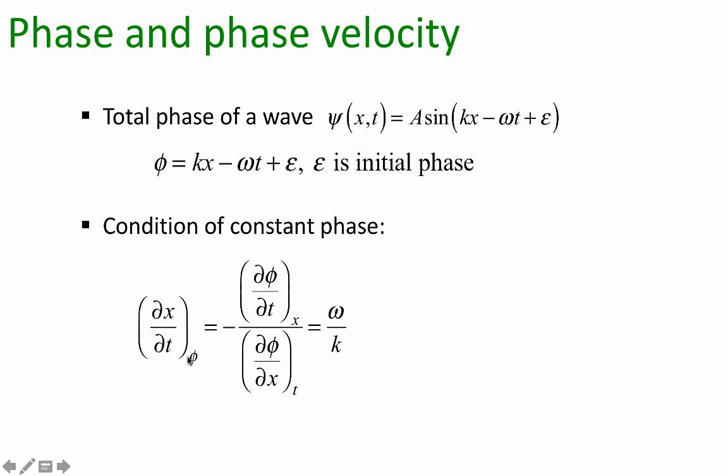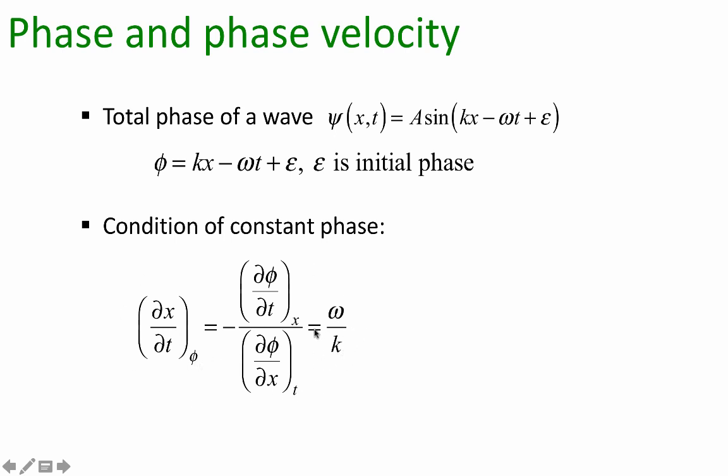There's a math theorem that tells you that the partial of x with respect to t at constant phase is equal to minus partial of phi with respect to t, at constant x, divided by partial of phi with respect to x at constant t. So this is a mathematical given, and it's known as the condition at constant phase.